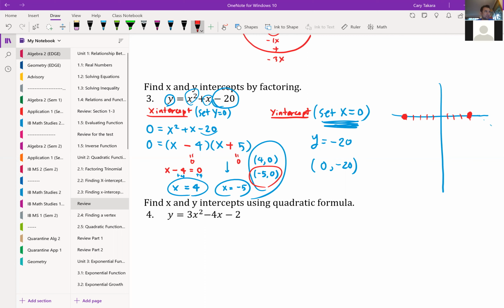So these are the x-intercepts. And the y-intercept is negative 20. I'm not going to do 20, so I'll just say this is negative 20. Right there. And so do you see a U shape that will go through all those 3 points? Okay.